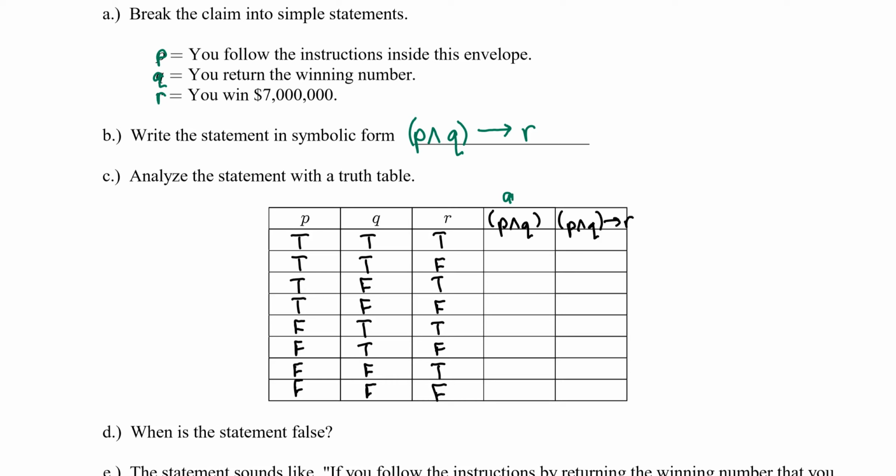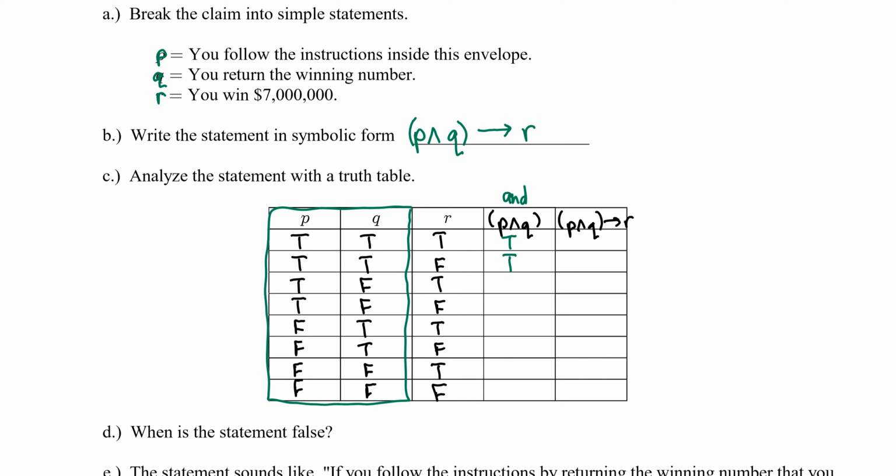Now, we are looking at a conjunction here, an and. An and statement is going to be true when both components are true. And the 2 components we are considering here are P and Q. In rows 1 and 2, both components are true.